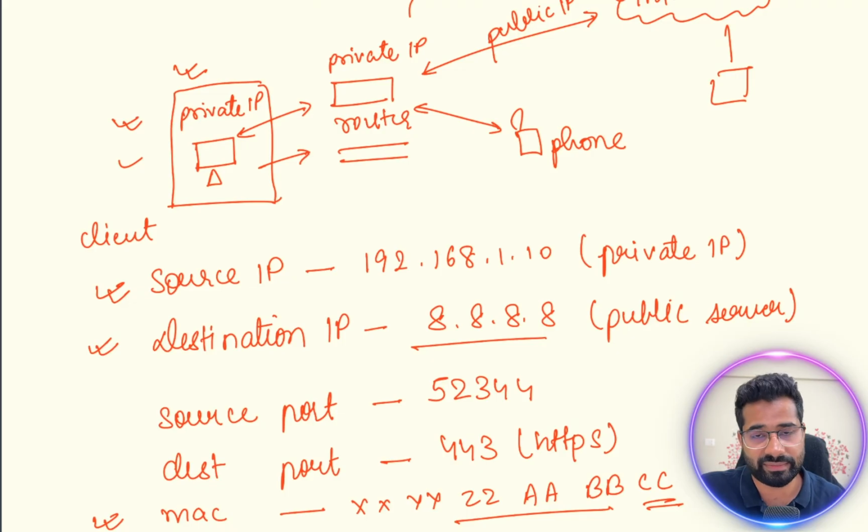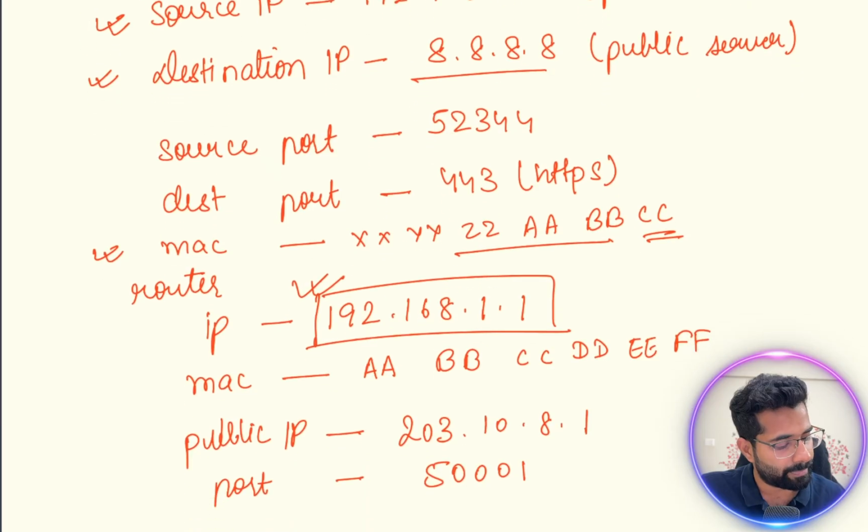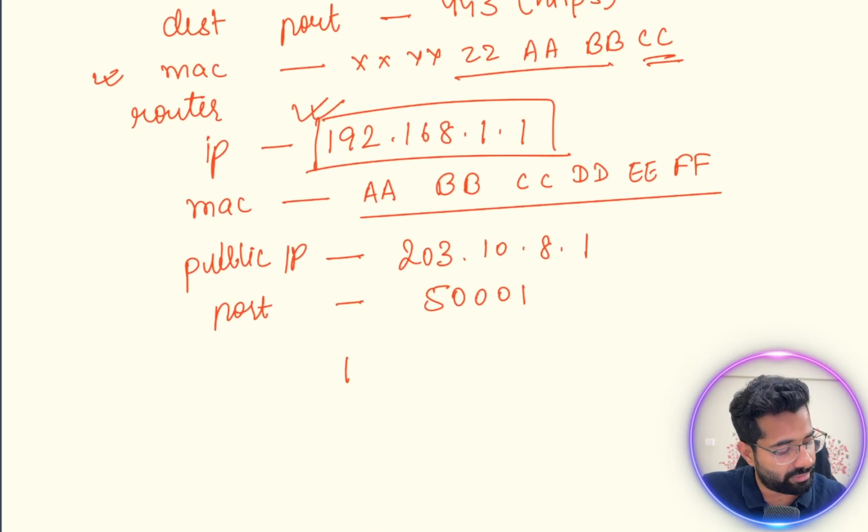There will be many devices connected on the local area network, but only the router will respond back to this ARP request, the address resolution protocol request, saying my IP is being talked about here, and my MAC address is, let's say, AABBCCDDEEFF. So now your packets will contain the MAC address of the sender and the MAC address of the receiver.